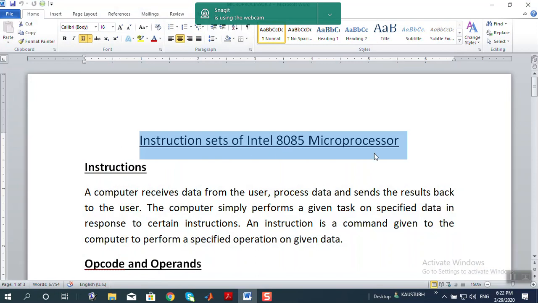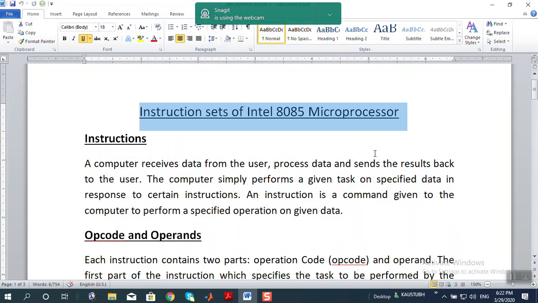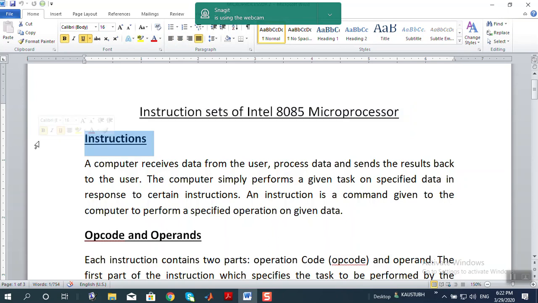of the Intel 8085 microprocessor, first of all you should understand what an instruction is. As you know, any computer or microprocessing unit, or as a whole the microprocessor, can receive data from the user and ultimately process it, that is why its name is the processor.